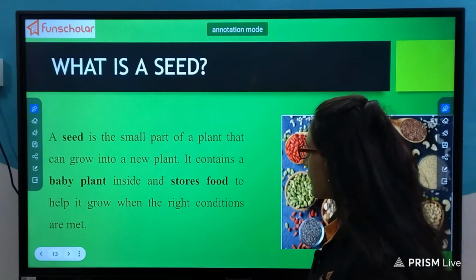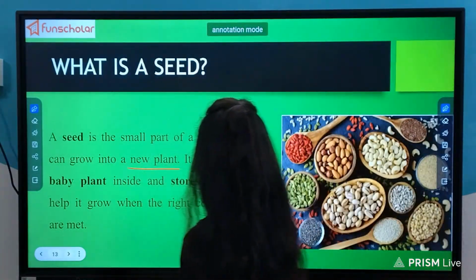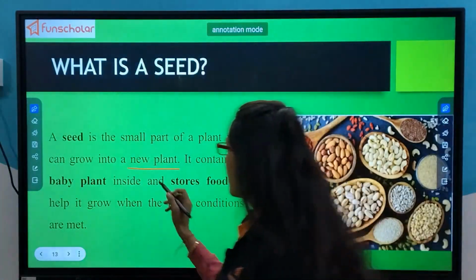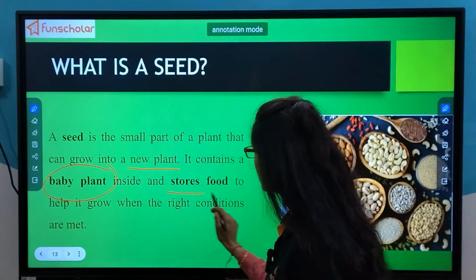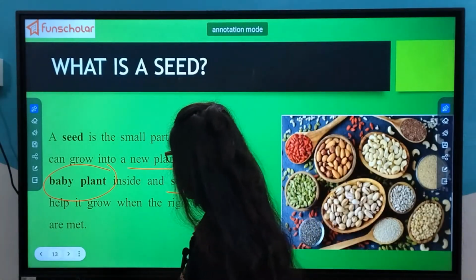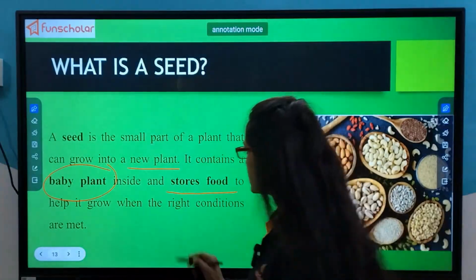So seeds are the small part of the plant that can grow into what? A new plant. It contains what? A baby plant inside it and also stores food to help it grow when the right conditions are met. And what are the right conditions?